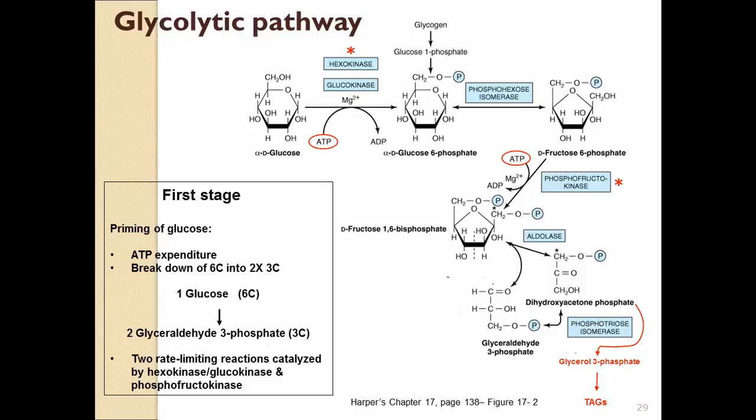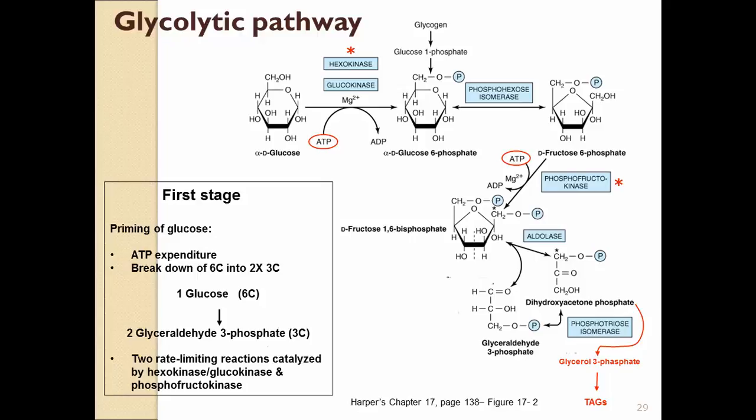The second rate-limiting reaction is the conversion of fructose 6-phosphate to fructose 1,6-bisphosphate. The enzyme for this reaction is phosphofructokinase, right? This reaction also utilizes 1 ATP molecule.